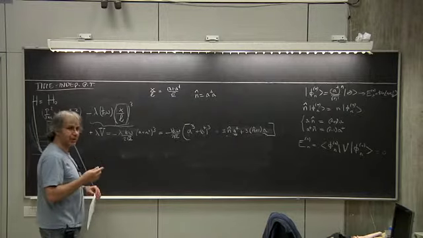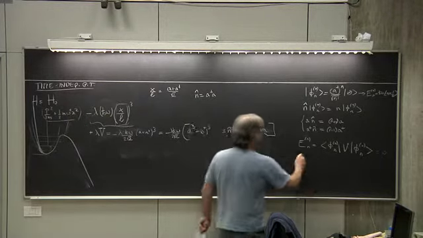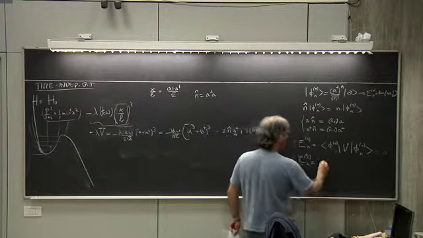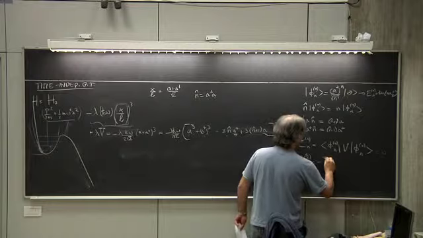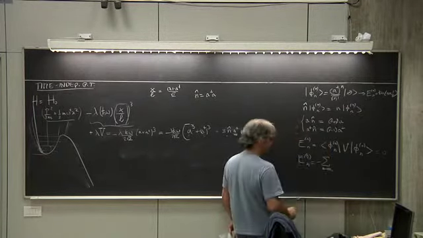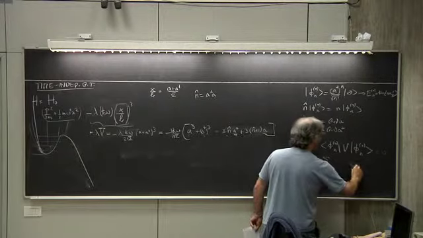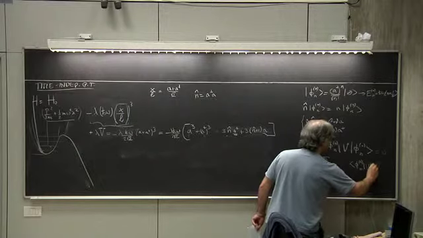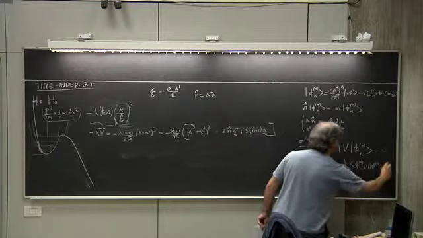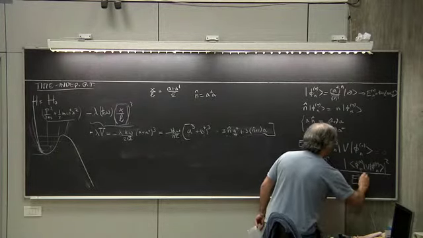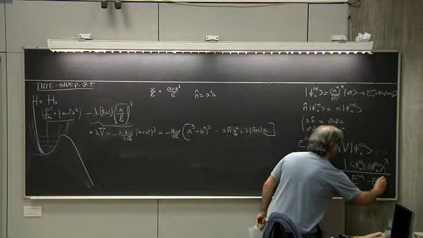So we have to go to second order, okay? Now I write the second order formula. The second order, if you remember, is minus the sum over all m different from n of the matrix element modulo square, phi 0 m V phi 0 n, divided by E0 minus E0.